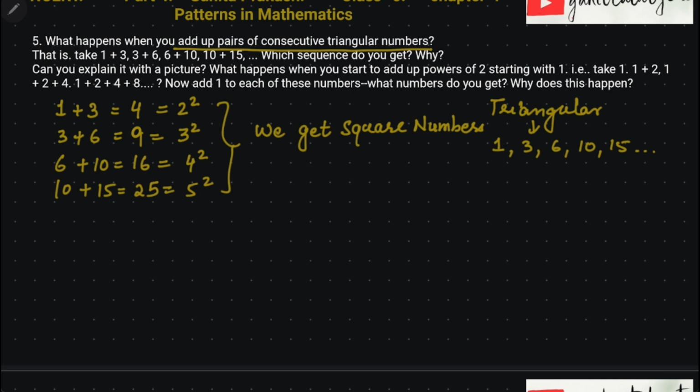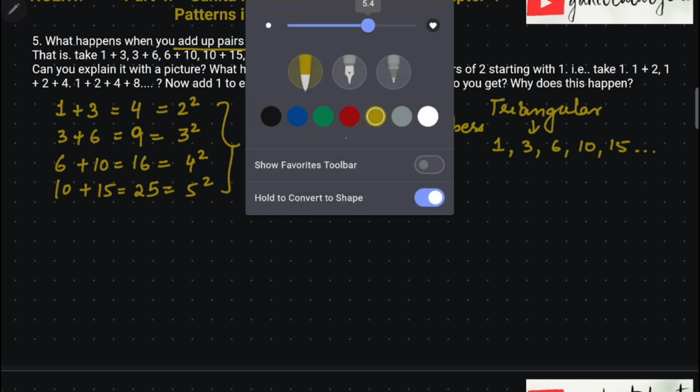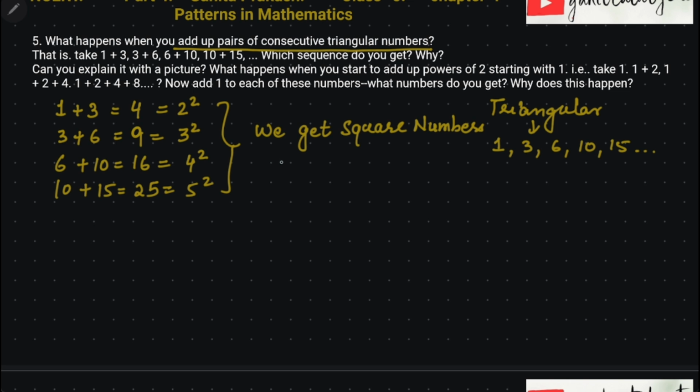Can you explain it with a picture? Yes. So 1 plus 3. So it is like a square. Next 3 plus 6.